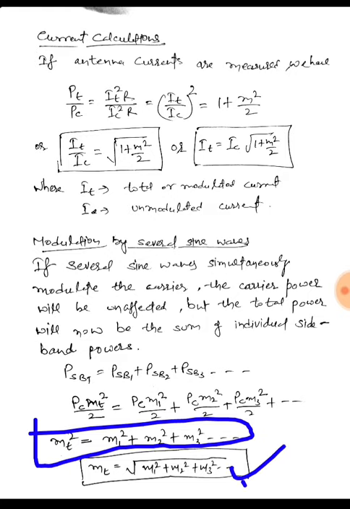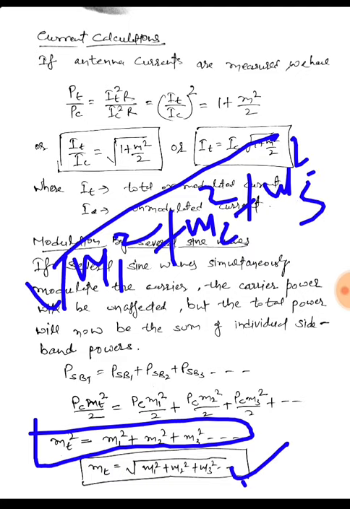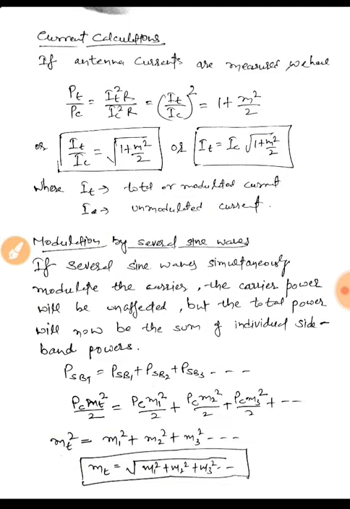So MT, the total modulation index for several sine waves superimposed on a single carrier, can be calculated as under root m1 square plus m2 square plus m3 square and so on. So this is how we can calculate the modulation index. We have seen the final expression for the amplitude modulated wave, so you can calculate all these things.